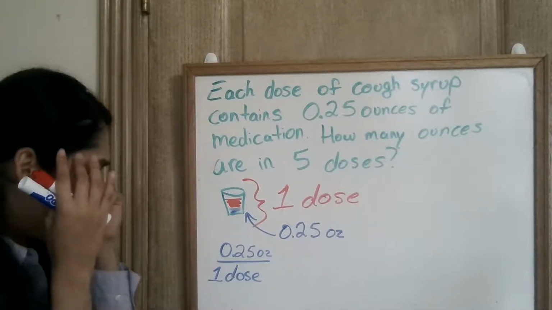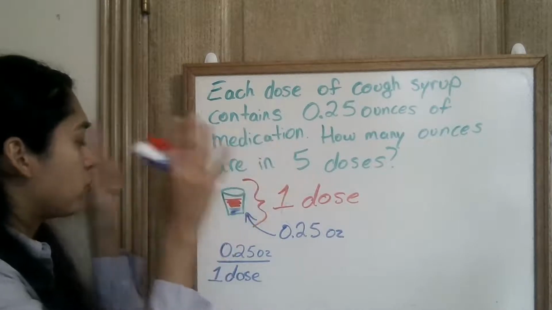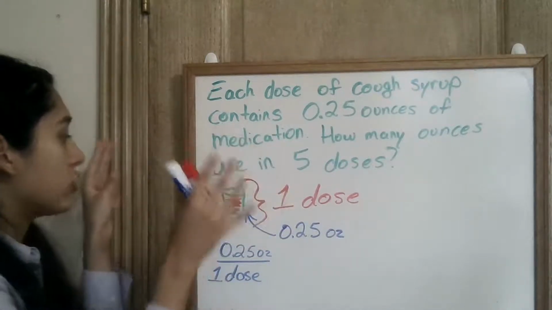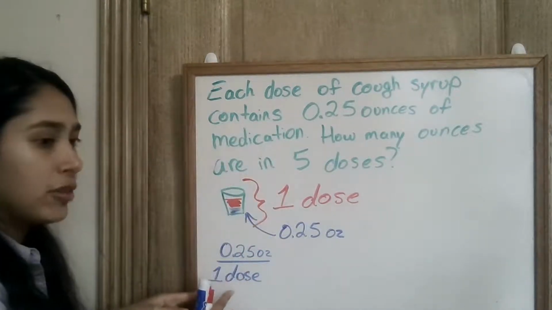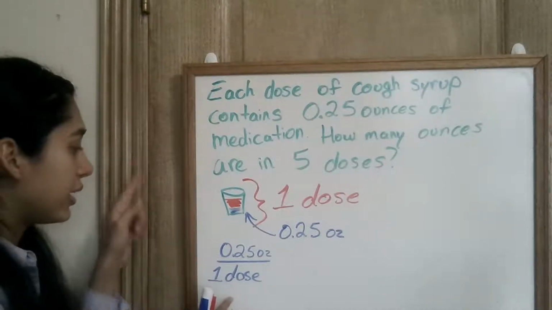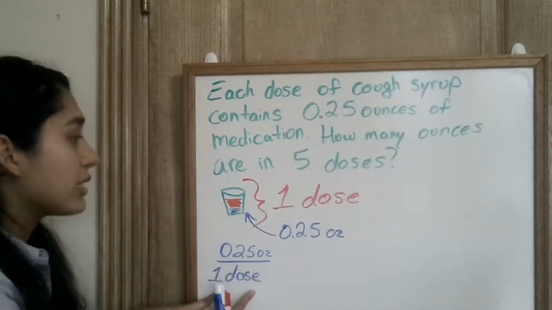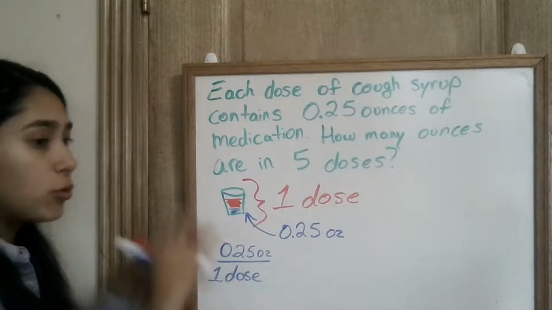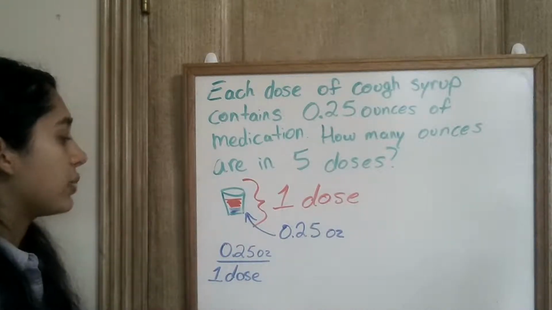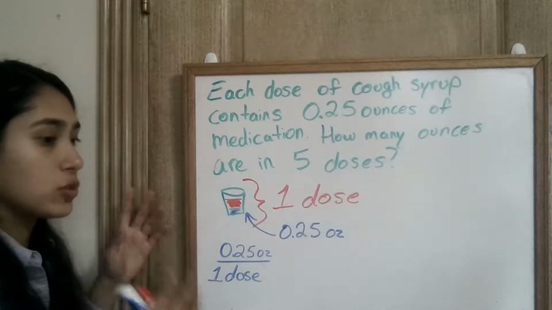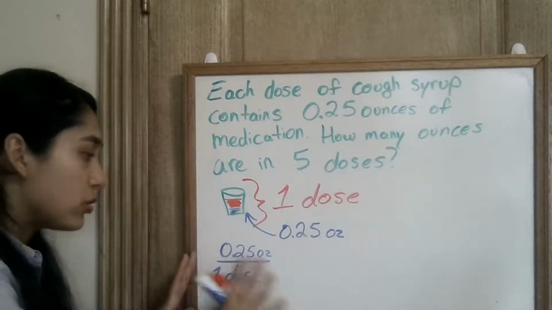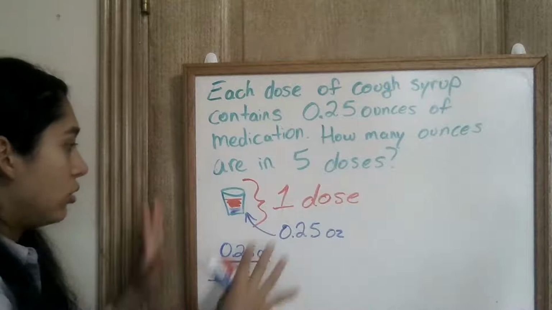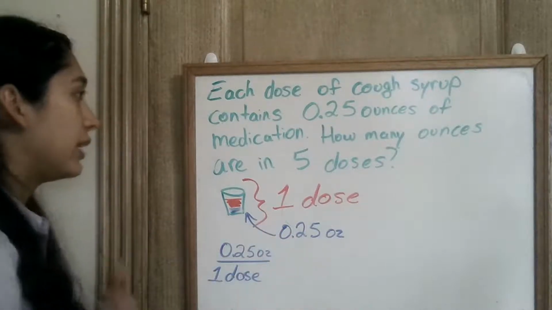So okay, reading the question, we know that there's 0.25 ounces in each dose. And going back to our pizza analogy in the beginning, here we're just talking about one dose. We're not talking about 40 doses, like we're not talking about 40 pizzas. We're only talking about the one pizza, or in this case, the one dose. Okay, so we have our fraction set up. Yay.